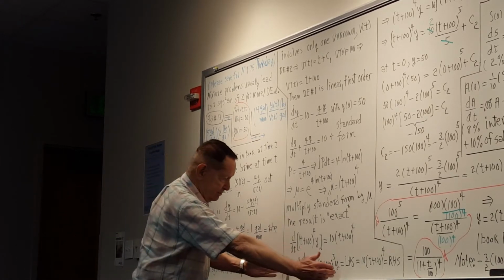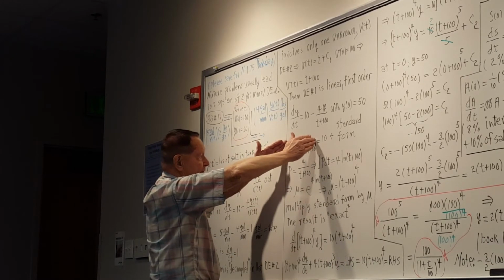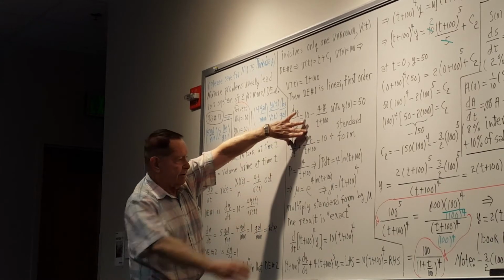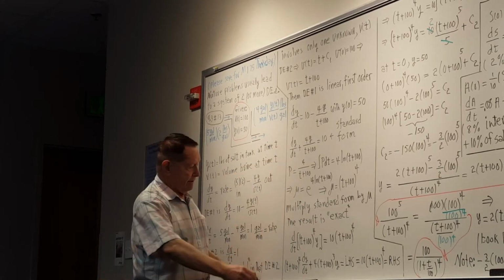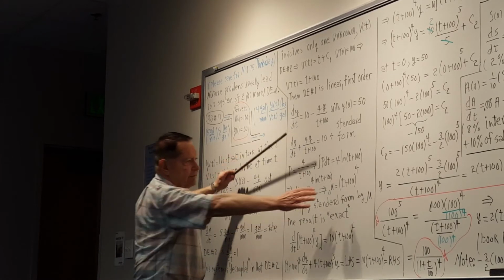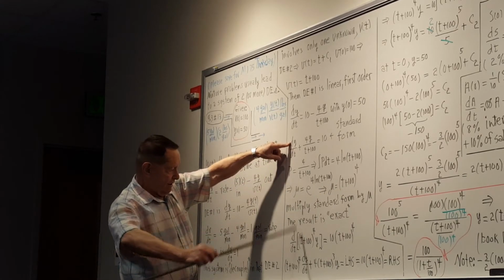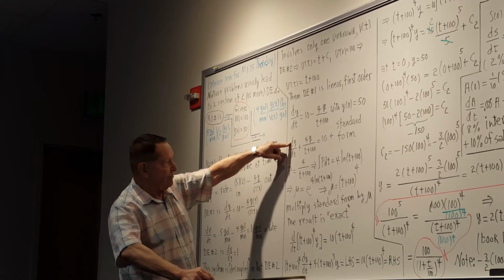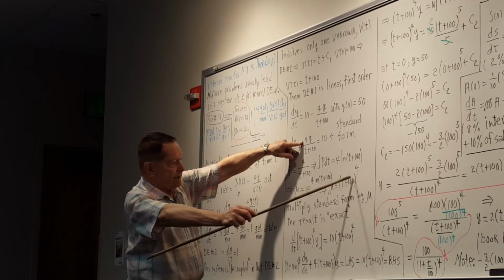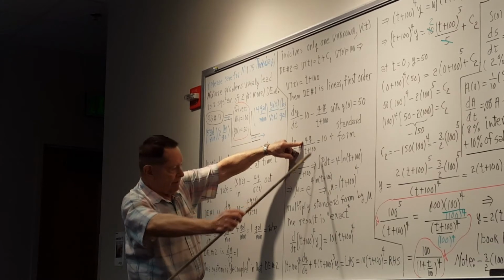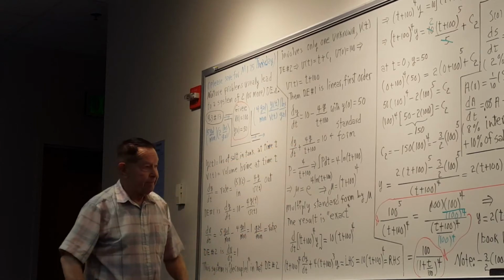So these terms are what this will give you if you multiply here by mu. Because if you take what's there times that, you have t plus 100 to the 4th times dy/dt, which I have here, and then you have the 4 and t plus 100 to the 4th, and you divide by t plus 100, and that gives you this times y.